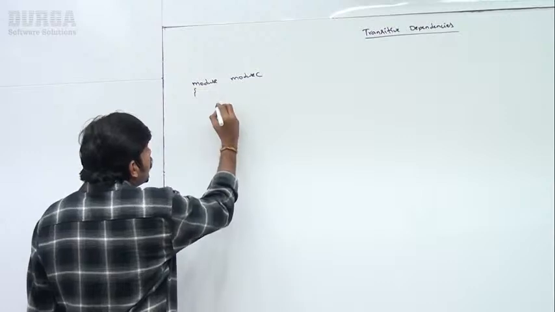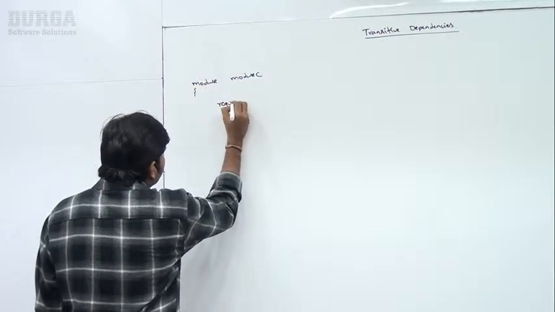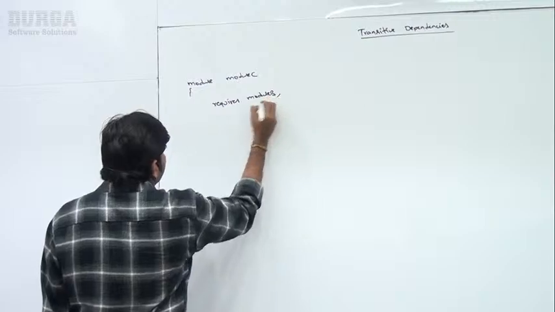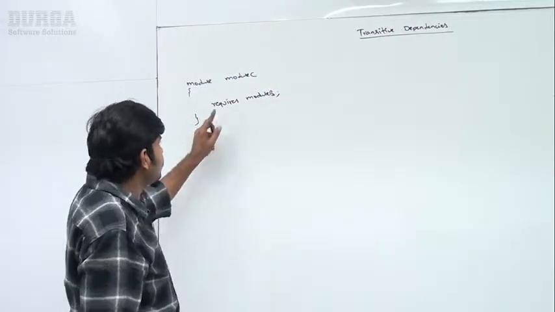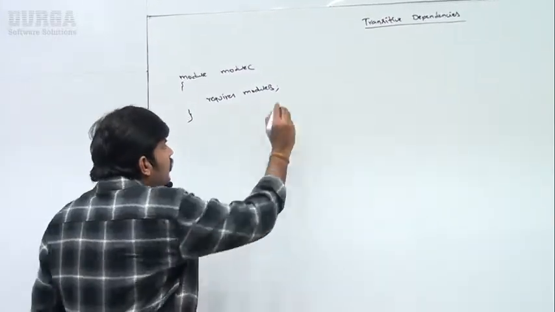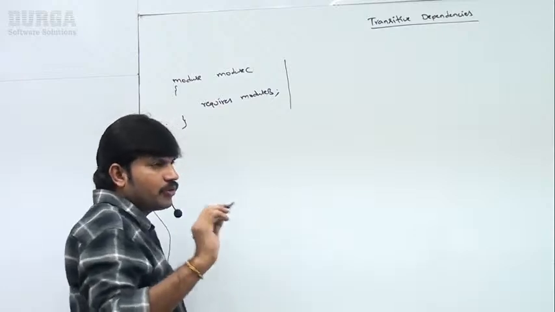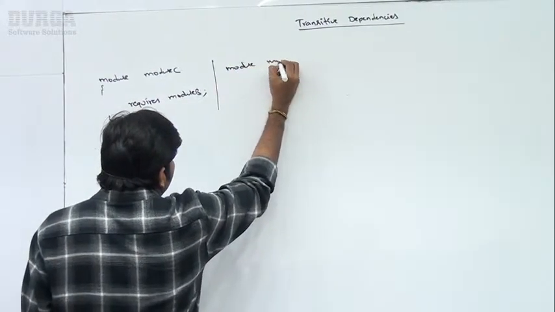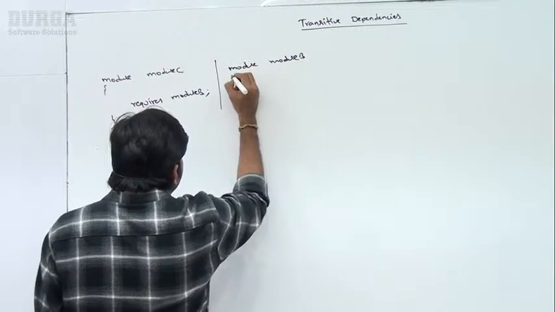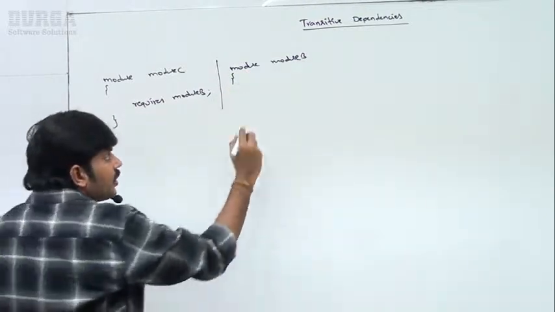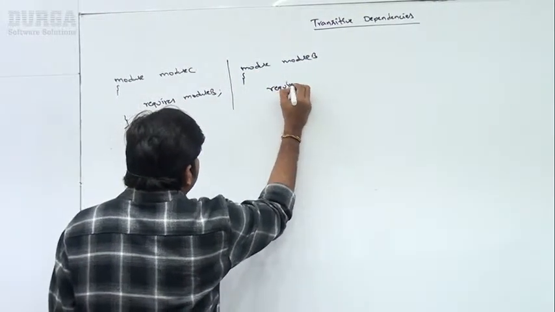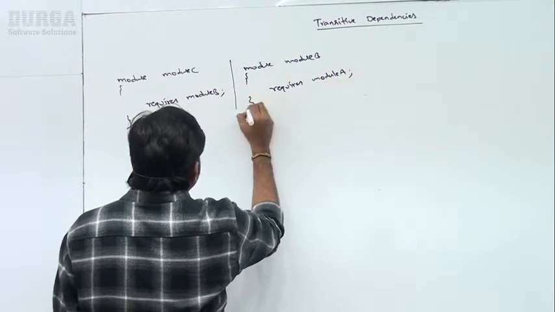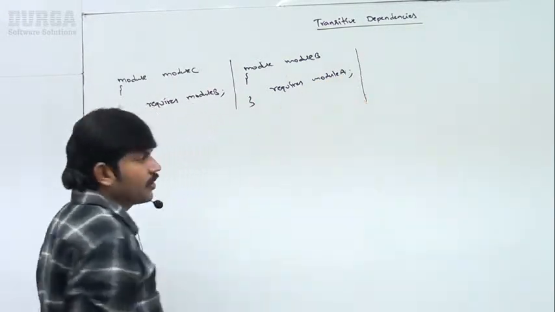Assume that module C requires module B. Now observe that, module C requires module B. Now module B requires module A. Are you getting it?